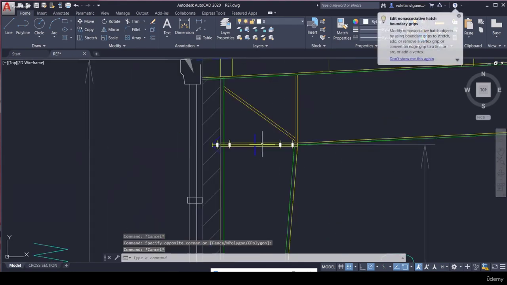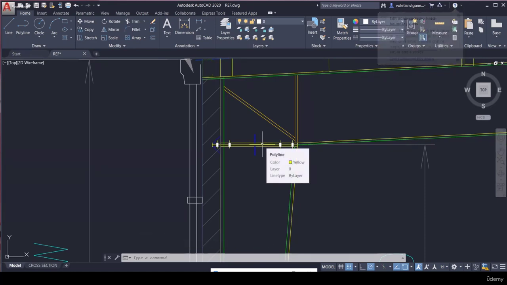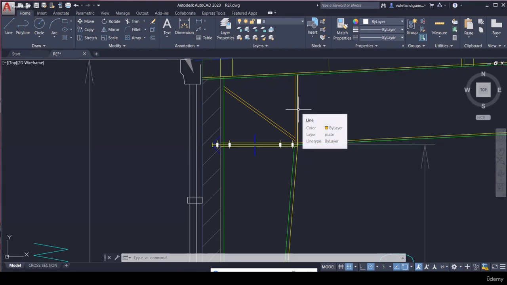When we provide a vertical splice, in STAAD the property is showing at the center of the column. That property, how do we decide in AutoCAD? How do we draw the same dimension from the center? Should we extend the line and then cut it, or should the same dimension be provided at the face of the column in AutoCAD?